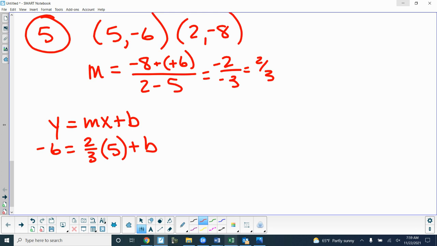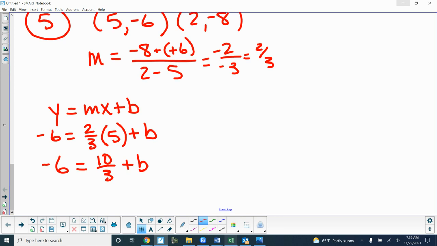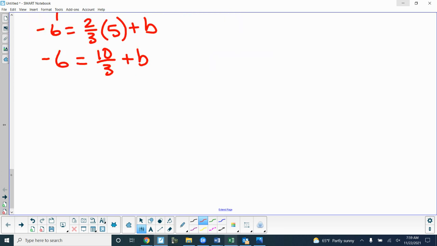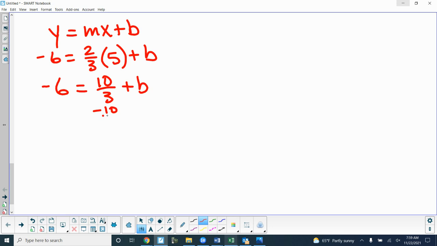Doesn't matter which of the 2 points you pick. Okay. 2/3 times 5 is 10/3. It's just the 2 times the 5. And then we'll subtract 10/3 to figure out what b is.